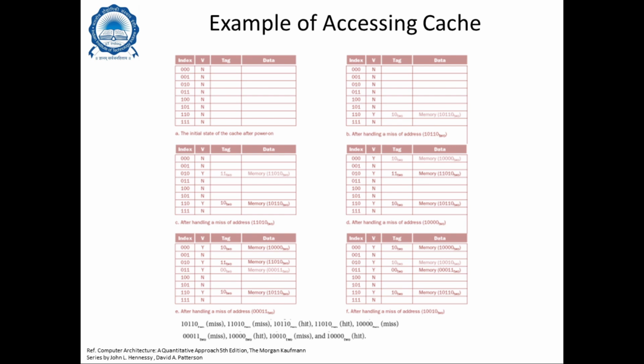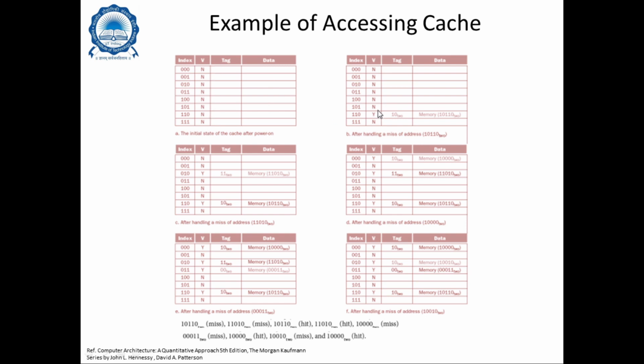If it is not, then we will have to bring the data from the RAM to the cache. So the data here comprises the data in memory location 01101, and the tag is the upper order 2 bits. Since this is a 5-bit memory address, the lower order 3 bits are for the cache index and the upper order 2 bits are for the tag. So the tag is 01, and the valid bits are all turned off, that is no, because they have not been accessed.